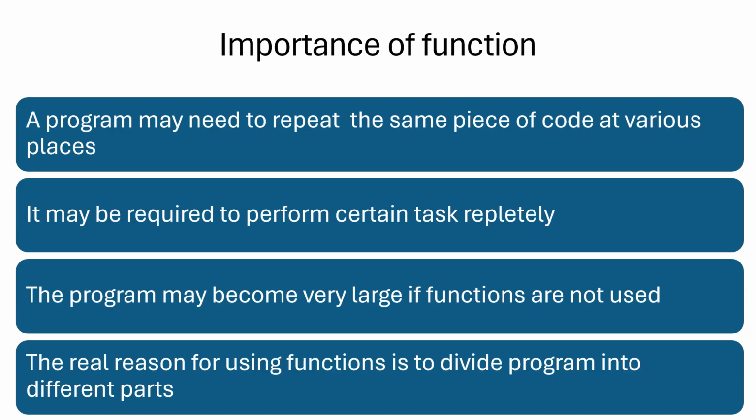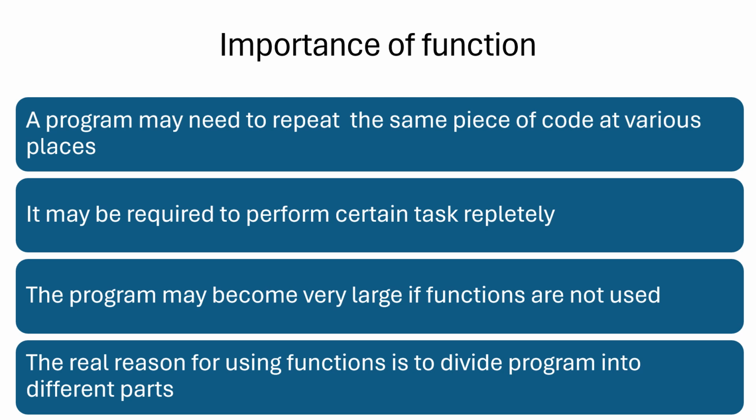What is the importance of the function? Why do we need to use the function? What is the main task of it? In the first point, a program may need to repeat the same piece of code at various places. So once we define a function, that function part is then reusable, so that the same code can be used at different places.